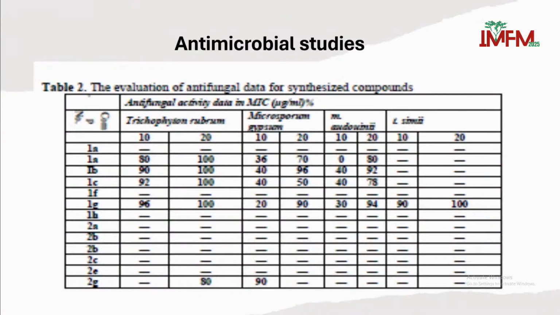Again, these are the antimicrobial or antifungal effects of some of our substituents. So the synthesis of this compound is very easy, afforded by two procedures: synthesis of the aminothiazole and then an SN2 reaction with the coumarin.